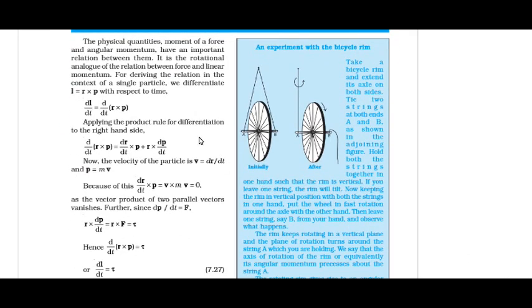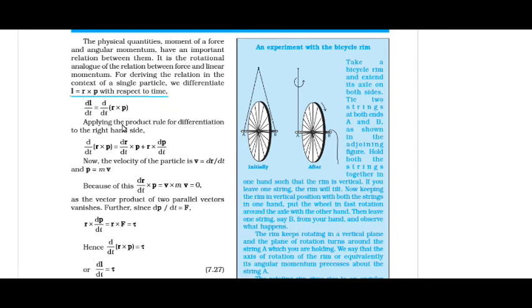The physical quantities moment of a force and angular momentum have an important relationship between them. It is the rotational analog of the relation between force and linear momentum. For deriving the relation in the context of a single particle, we differentiate L is equal to r cross p with respect to time.